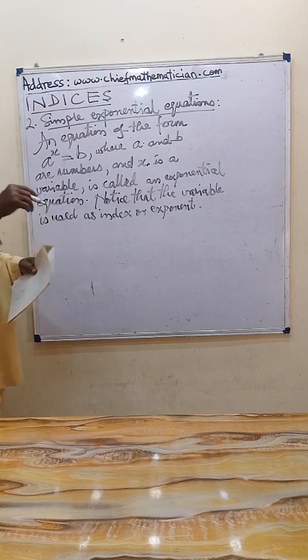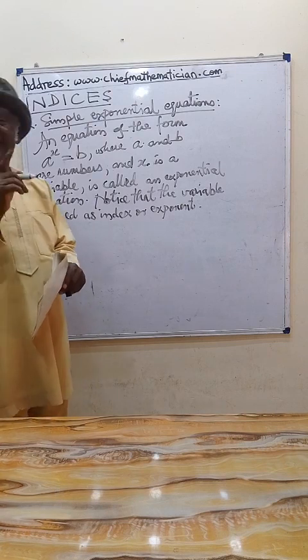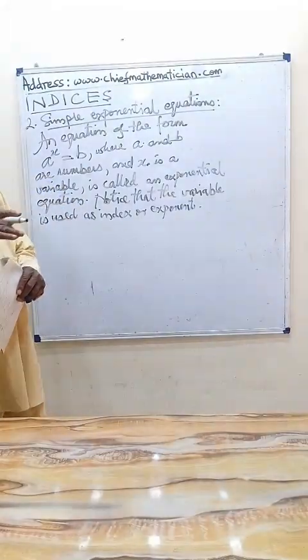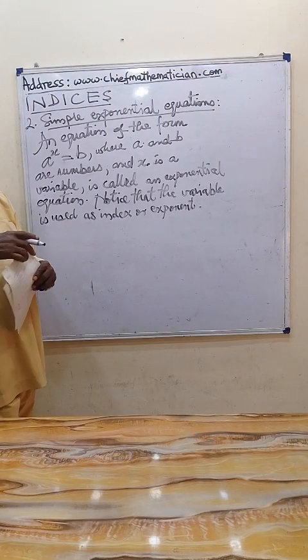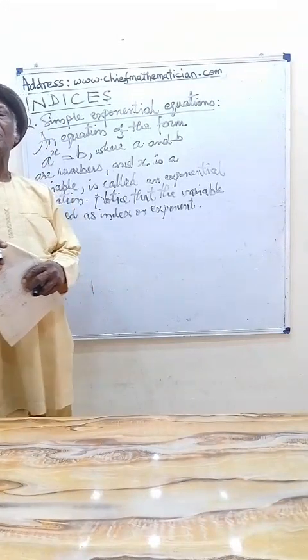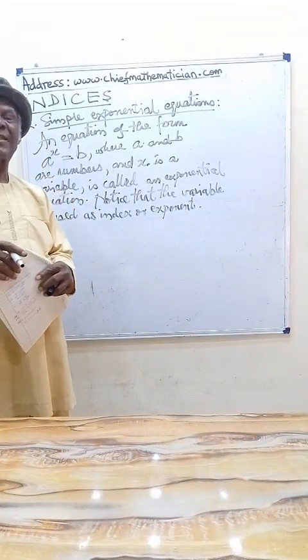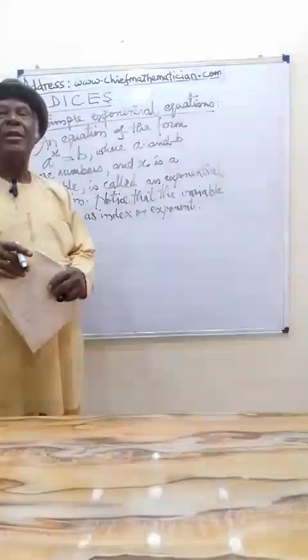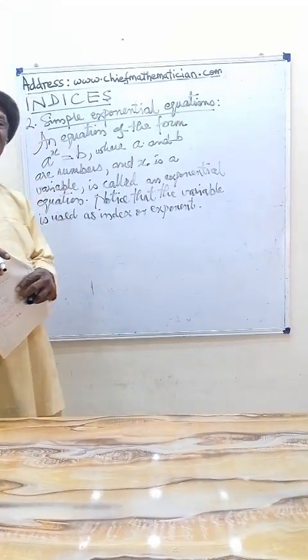It is the variable that is used as index or exponent. It is very important. Before you can call an equation an exponential equation, the index or exponent must be the variable in the equation.